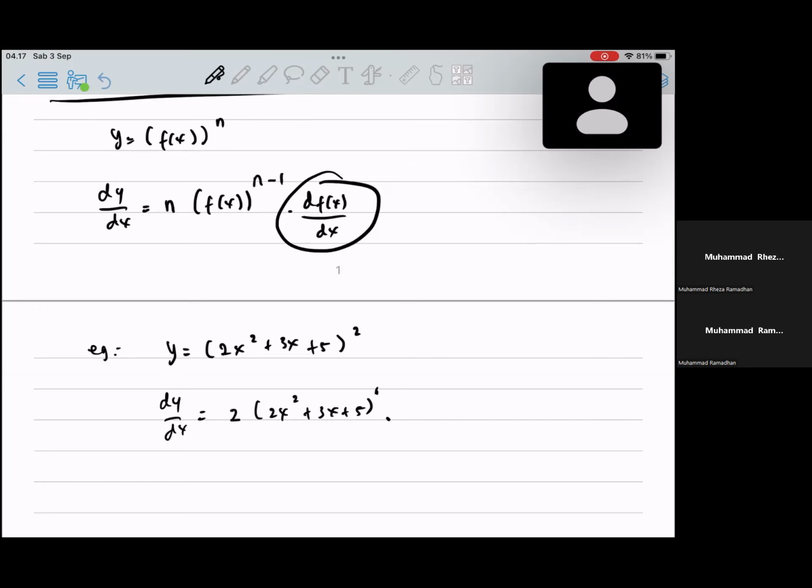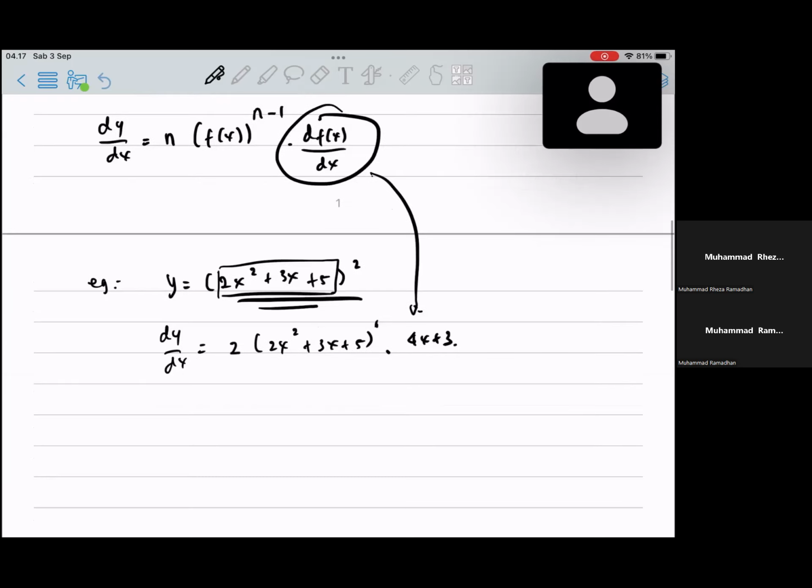And then df(x) over dx is the derivative of this term, so 4x plus 3. So the result is 8x plus 6, so 2 multiplied by this, and then 2x squared plus 3x plus 5. Okay.